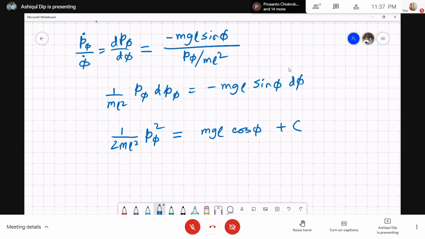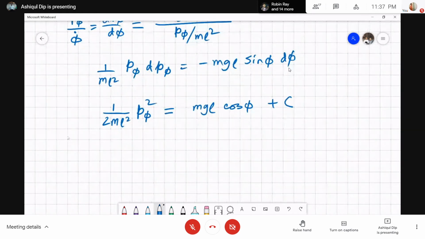So now you need to substitute your initial data. Say we have a simpler initial data, that is, initially it was at rest. That means we took our pendulum to some point with an angle phi naught and then released. So initially it didn't have any momentum, but it had a coordinate, that is phi naught, the initial coordinate.